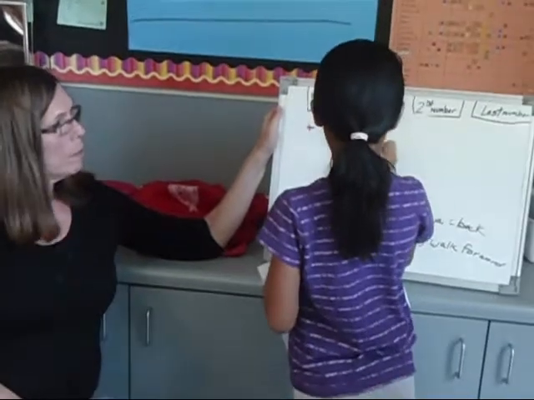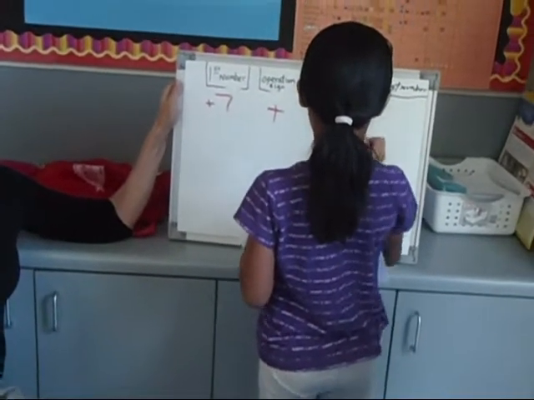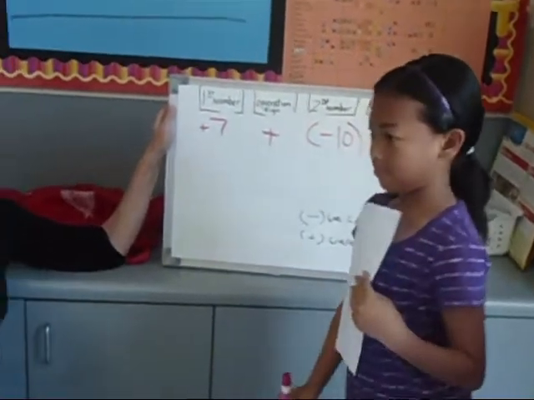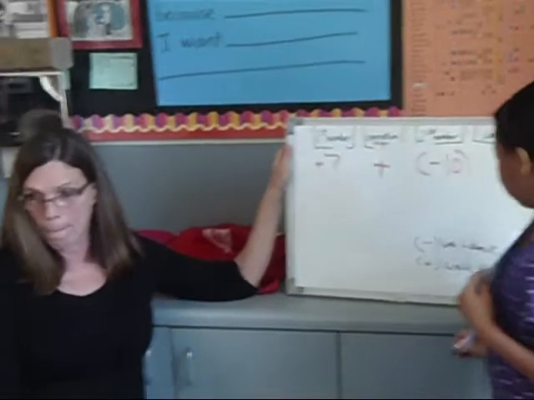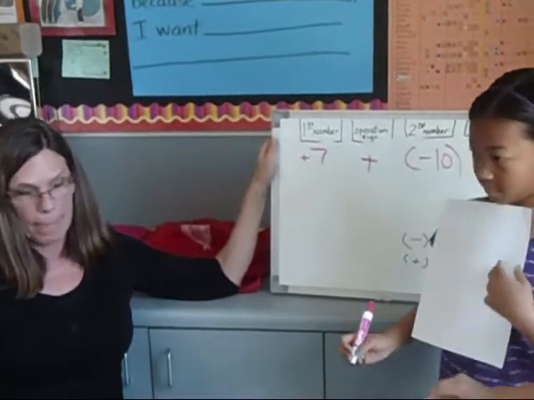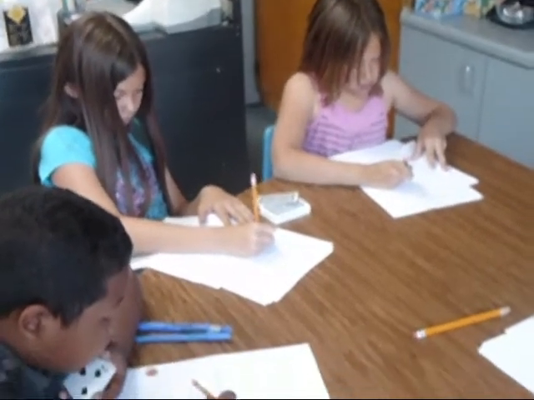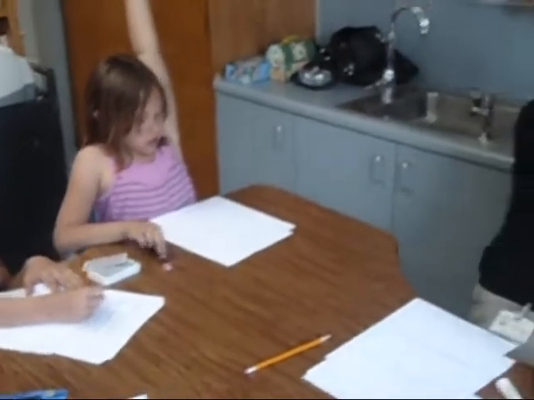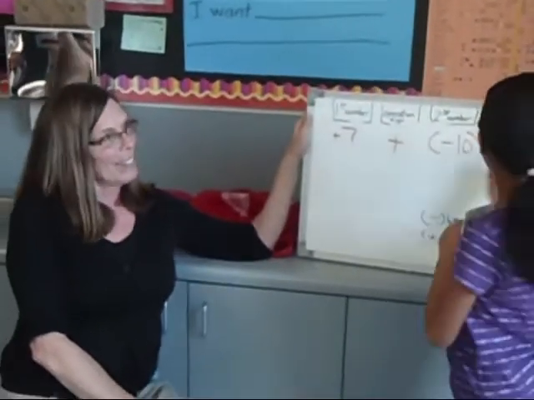Positive 7 plus. Okay, all right, use your number line. Where are you going to start? So you're going to start at 7 and you're going to go minus 10. You're going to be facing that way, but you're walking backwards because it's a negative number. Negative 3. Is that right?